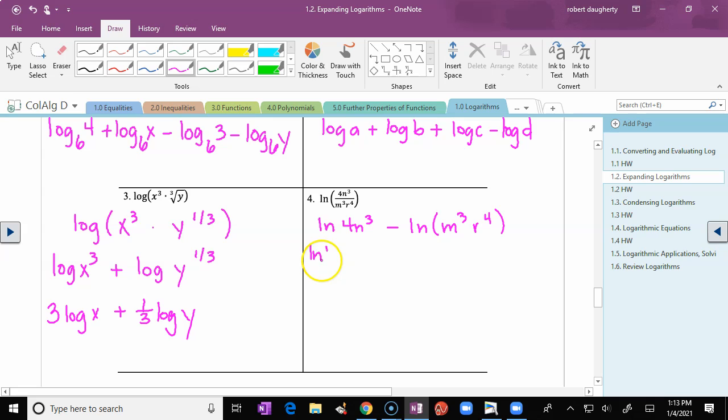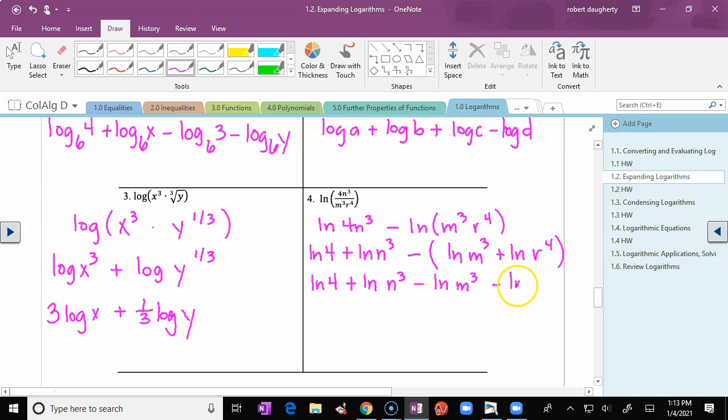This is the natural log of 4 plus the natural log of n cubed minus, use the product rule again, natural log of m cubed plus natural log of r to the 4th. Now I've got the natural log of 4 plus natural log of n cubed minus natural log of m cubed minus natural log of r to the 4th.